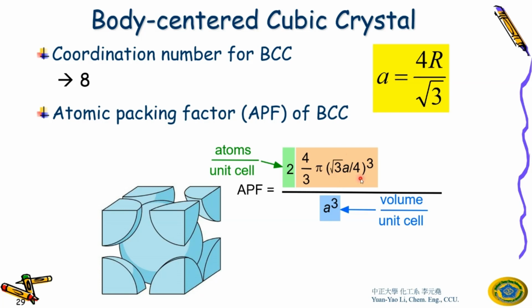But when you know the relation between R and the edge length, you replace it like this. Again, this is a dimensionless quantity. When you do the simple calculation, you will realize the answer is 0.68. That means 68% of this unit cell is occupied by atoms. The other 32% is empty space.